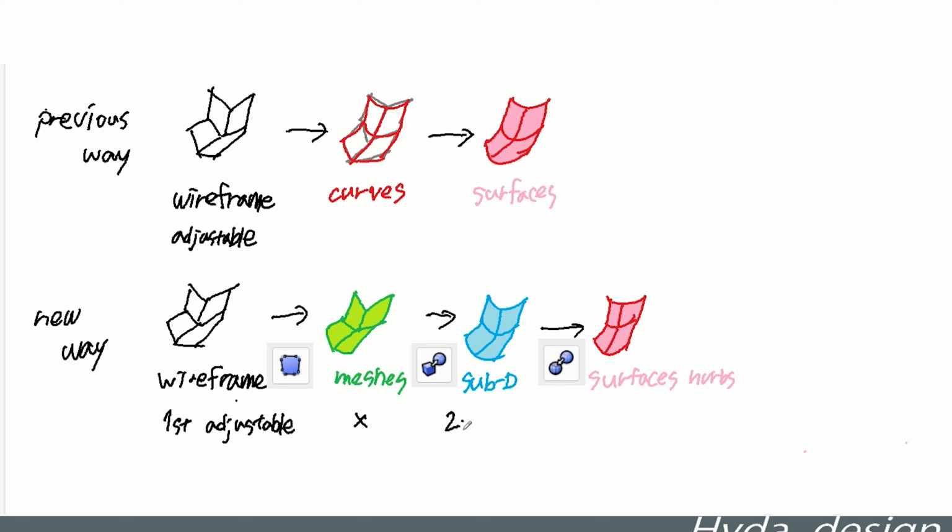The new method gives us the opportunity to make adjustments at the subdivision stage. One of the good points here is that you can adjust while looking at the actual curved surface. I am very happy that I have had more opportunities to make adjustments.